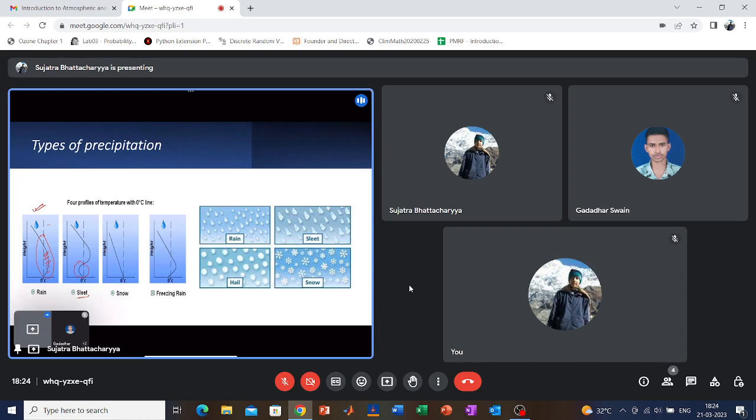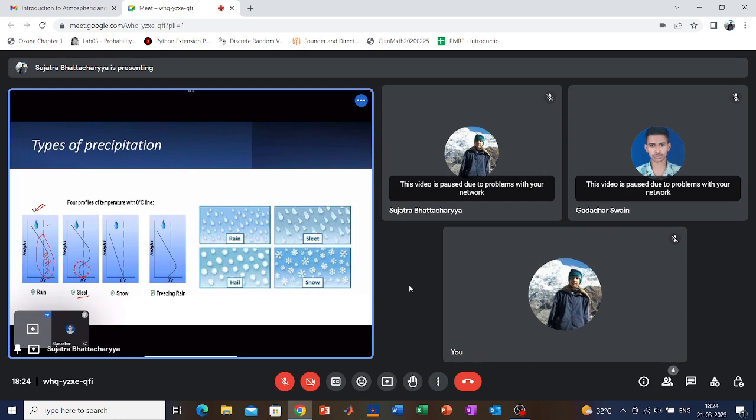This is the condition for rain formation, but when this rain comes very near to the ground, the temperature is so low that this region converts the raindrops to ice crystals. So that is the sleet formation.